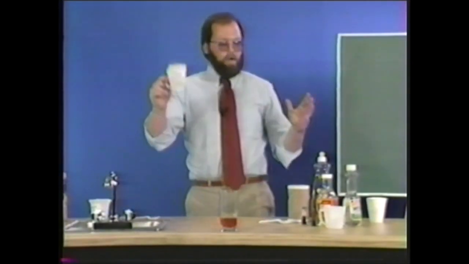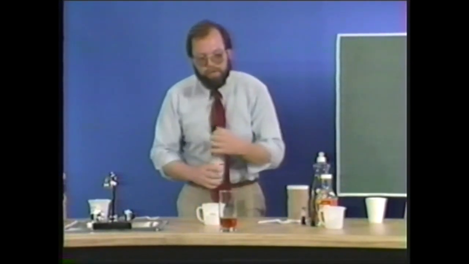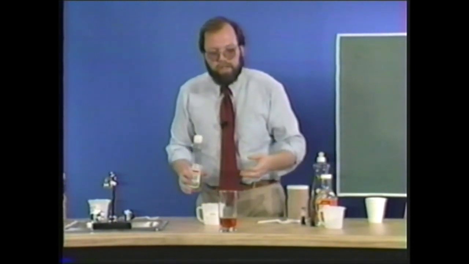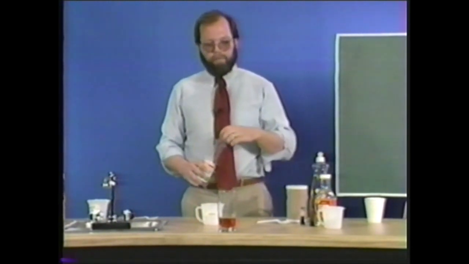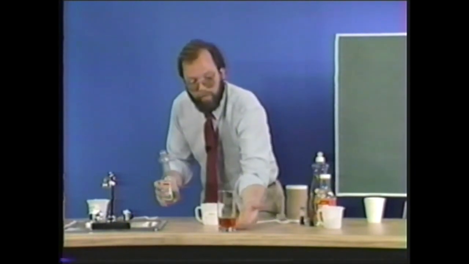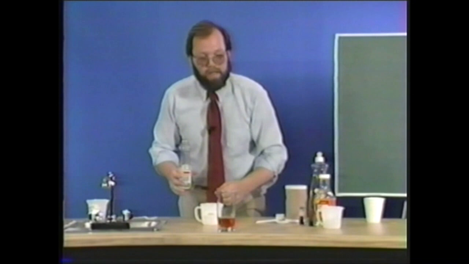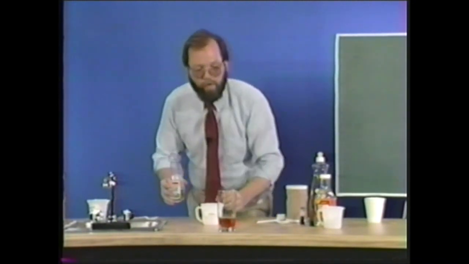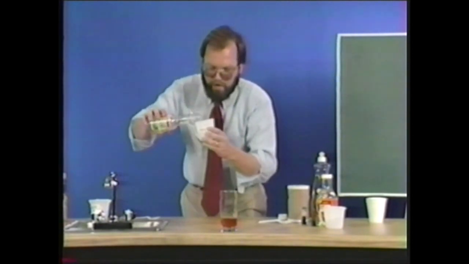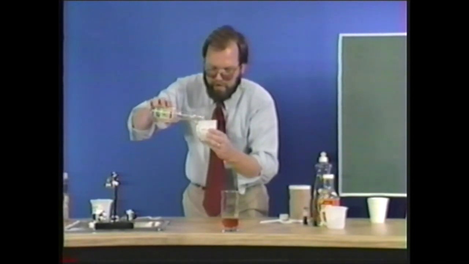Let's now add a quarter cup of oil to our glass, and let's see if oil is more dense or less dense than water. If oil is more dense than water, it will form a layer on the bottom of the glass. If it is less dense, then it will float on the water layer, which is red. Okay, here comes a quarter cup of oil.